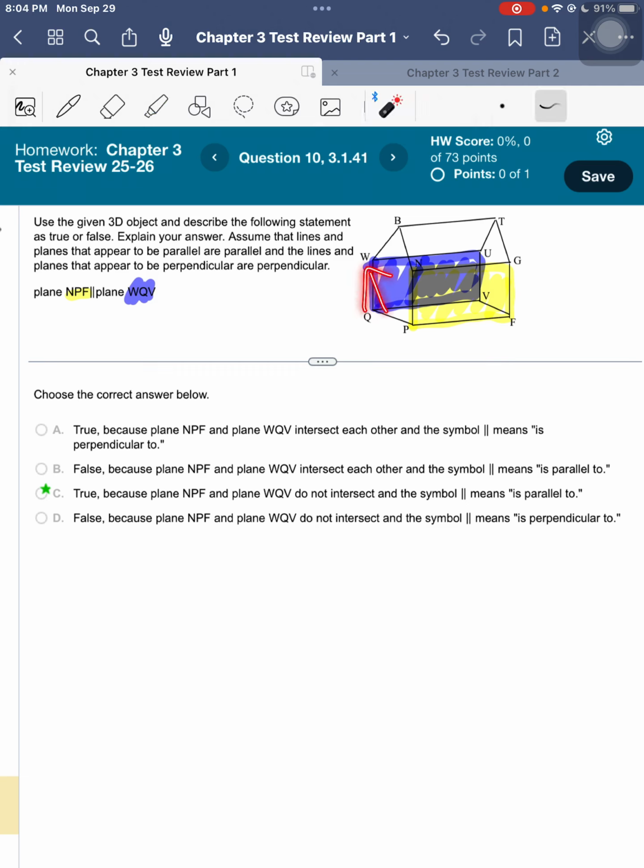Right here. So we have this plane in the front of us, and we have one in the back. These planes right here are indeed parallel because they won't intersect. They're going to keep going in this direction and that one, and this direction and that one, never actually touching each other. So I can go ahead and take off all the falses.